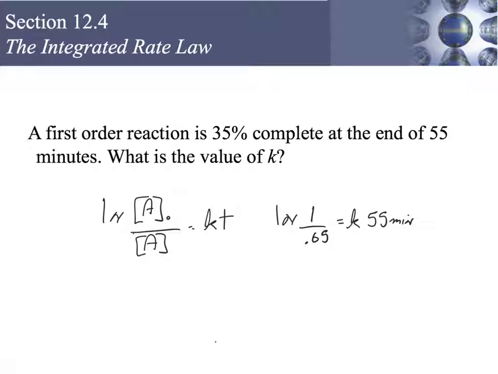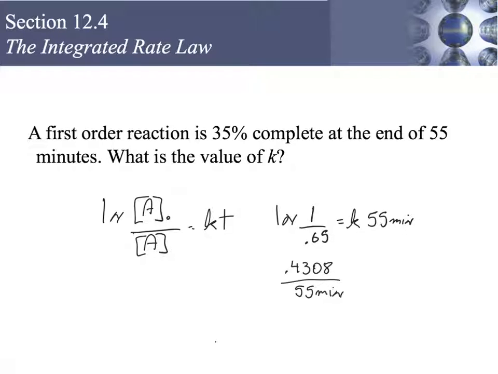So ln of 1 over 0.65 is 0.4308, and then we're going to divide by 55 minutes. I didn't actually write down 0.4308, I just took the number that was in my calculator.